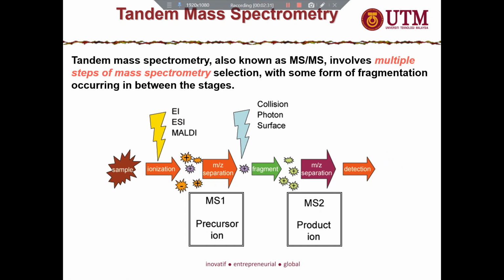Okay, you will ask why we need to do this, why we need the double MS, why we need tandem mass, why we need multiple step mass spectrometry selection. Alright, the best thing about the double MS is that we want to have a very unique identity of our molecule.